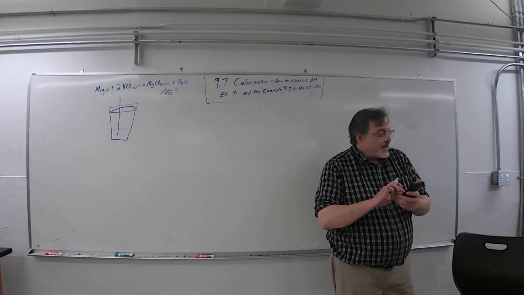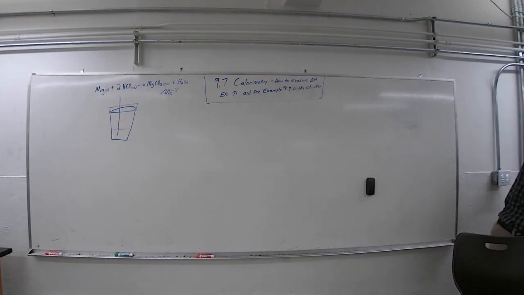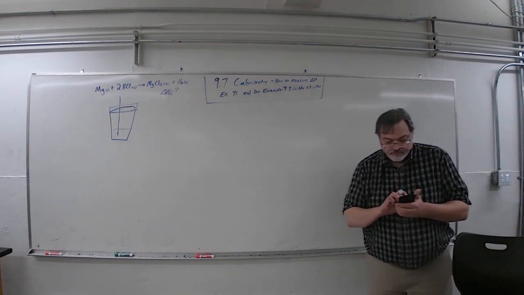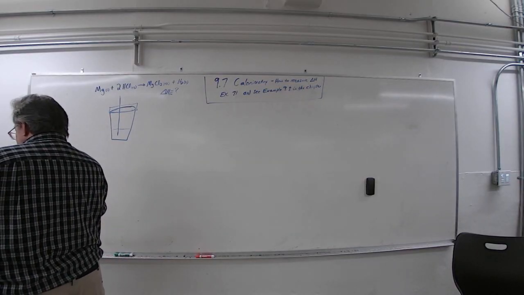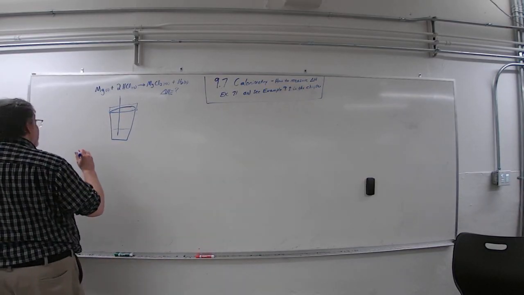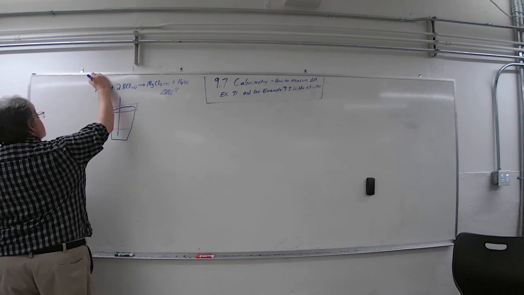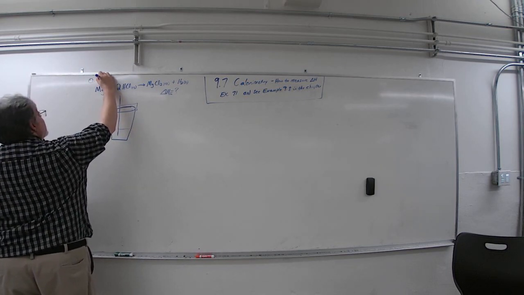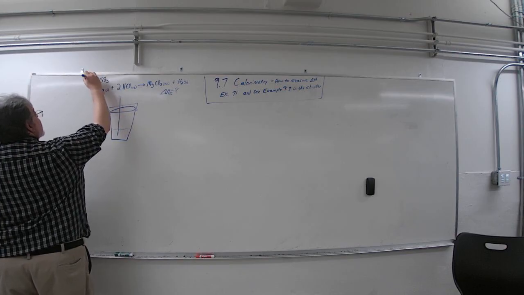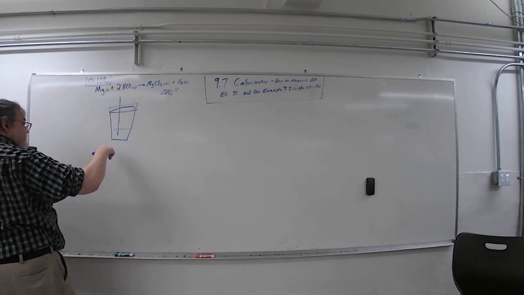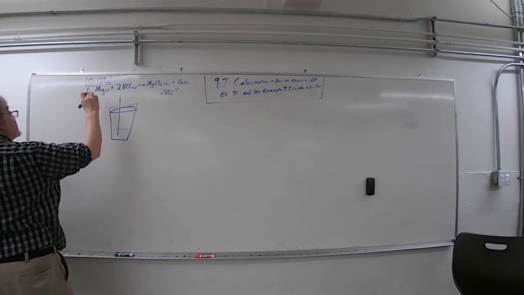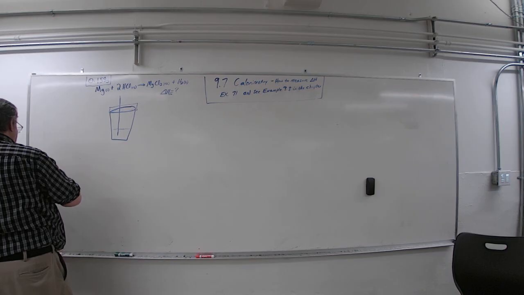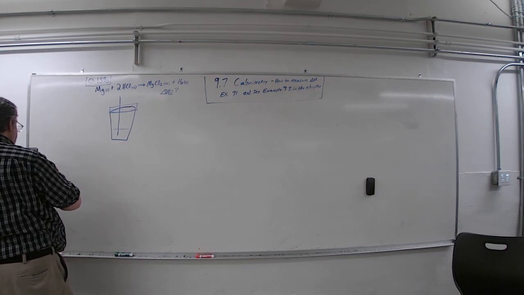But looking at example 9.8, I've got a picture of it. So let's say they put 0.158 grams of magnesium down in there. The HCl is a little bit in excess, just to be sure the magnesium is the limiting reactant.